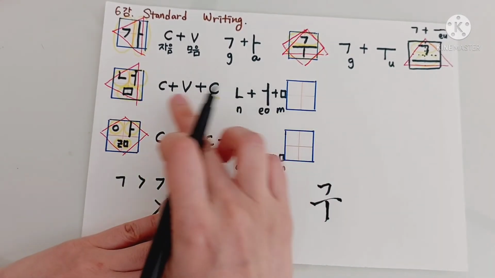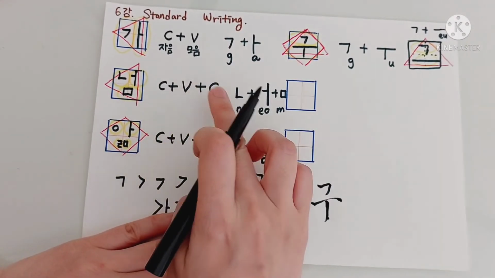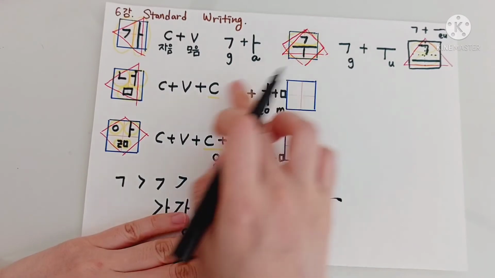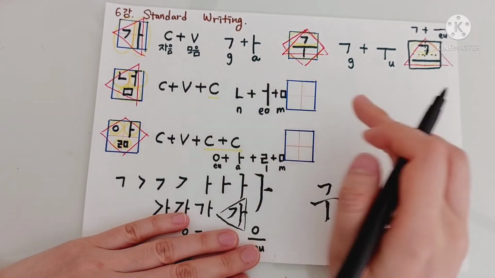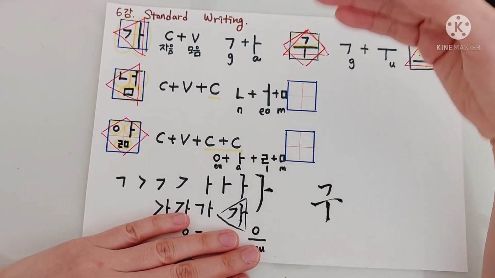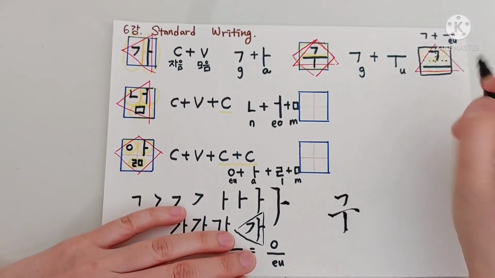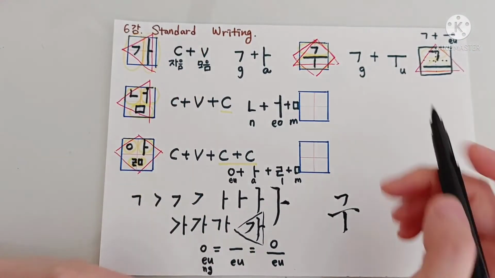And then one more: consonant, vowel, consonant, with no space for the 받침, the bottom consonant. So we have to push them up.